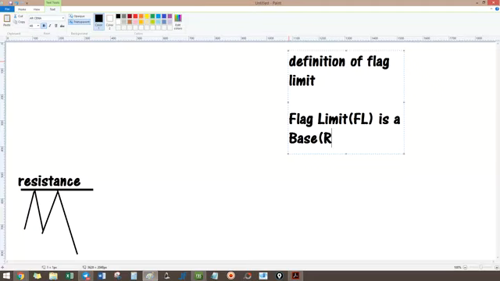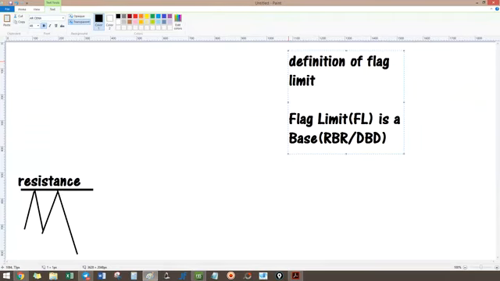Or rally base rally, or drop base drop. Where is my bracket?